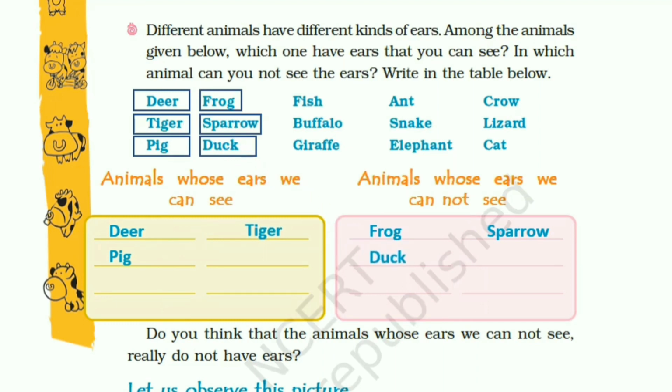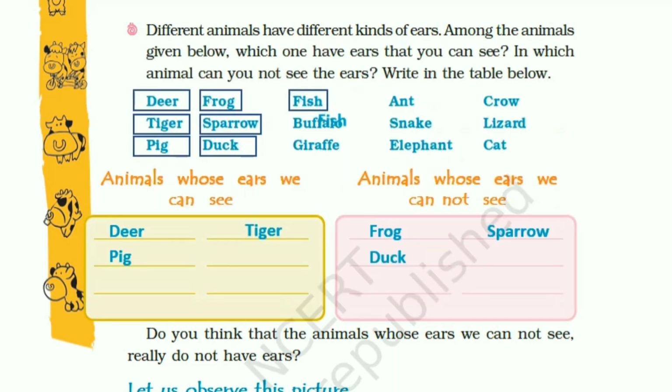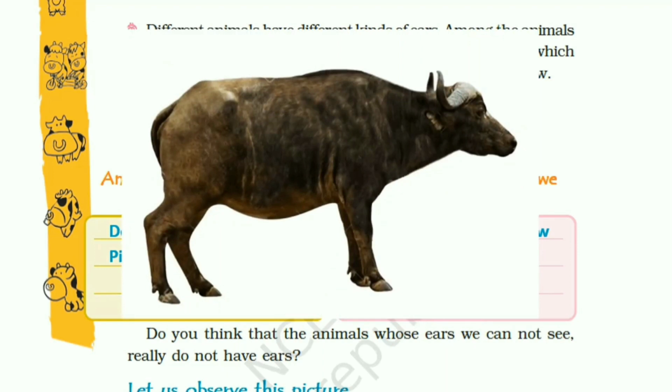Now, fish. It also doesn't have ears, so it goes to table number 2. Similarly, buffalo. We can see the ears of the buffalo.